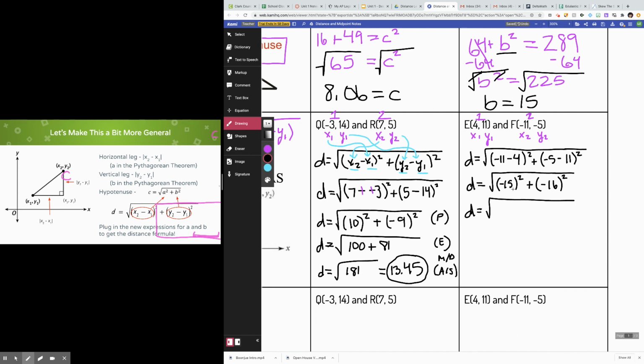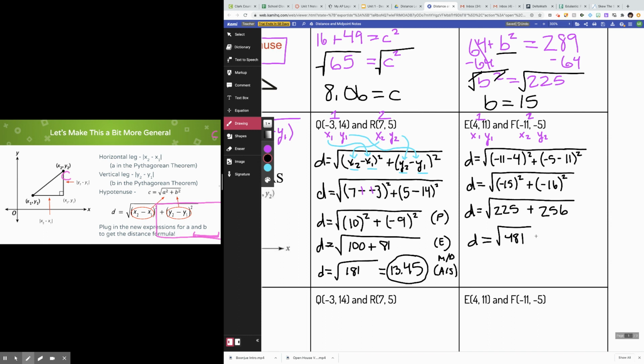Then I need to square those two numbers. Remember whenever you square a negative number, it becomes a positive number, always. Okay, so negative 15 squared is 225 plus negative 16 squared is 256. Okay, so then I need to add those together. So I get D equals the square root of 481.